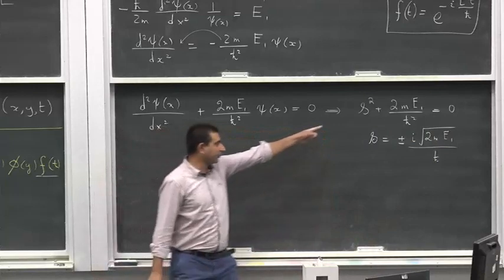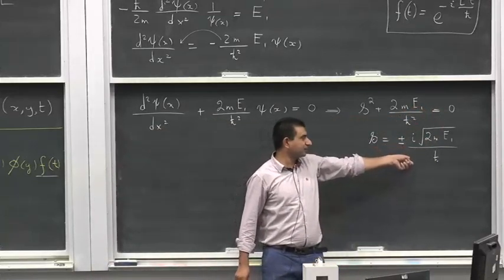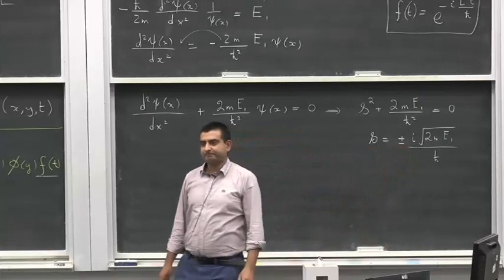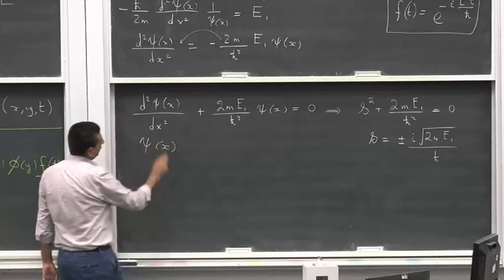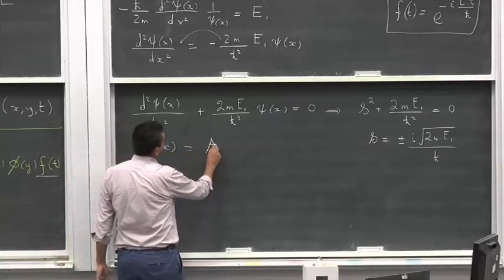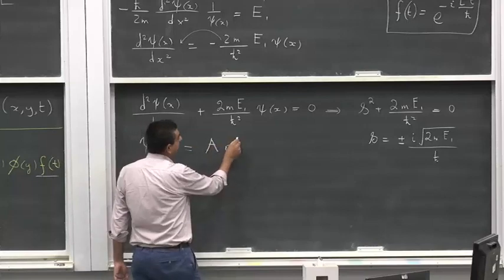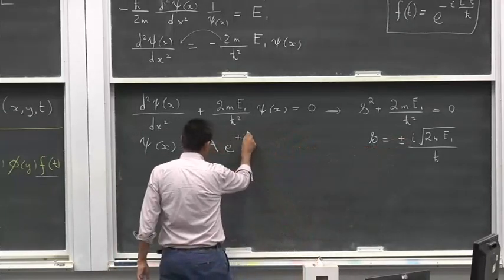So I write down the auxiliary equation, I take this to the other side, I find out the square root of both sides, this is what I get. So my solution for the x component of the wave function turns out to be some coefficient a multiplied by exponent of one of the roots, plus b multiplied by the other.